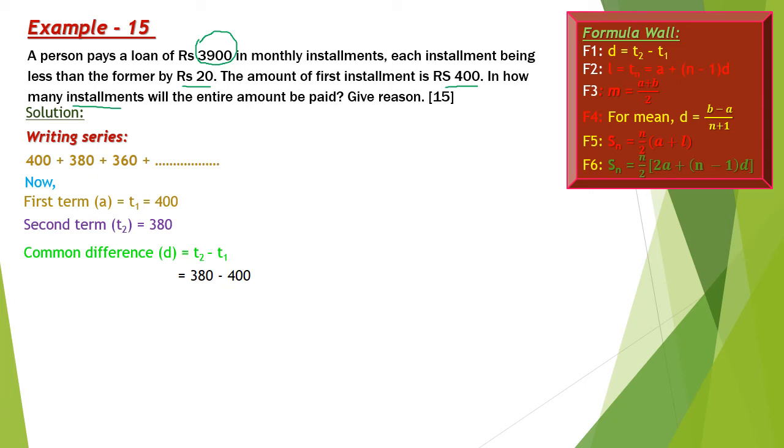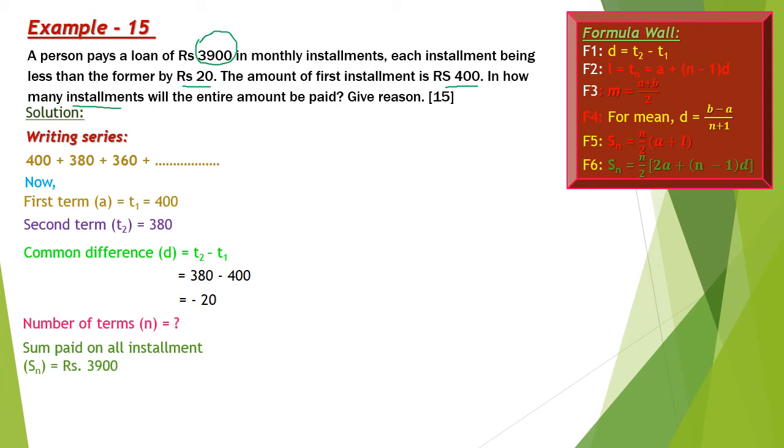Now we don't have the number of terms, that means installments. But when the entire loan of rupees 3,900 is paid, we have Sn, the sum paid on all installments. If we add the sum paid on all installments, it will end up as 3,900.